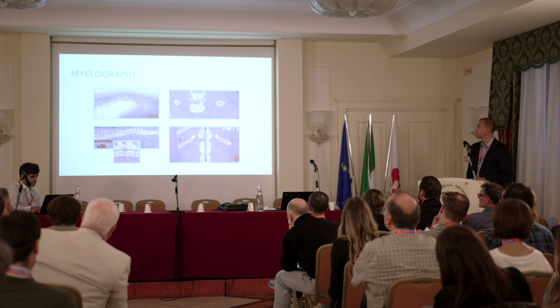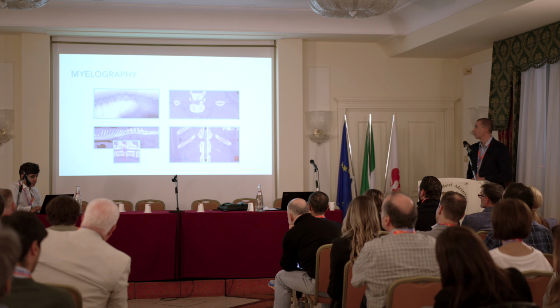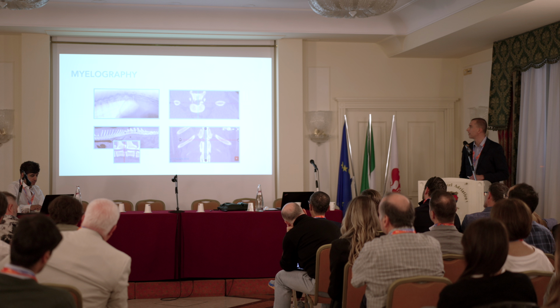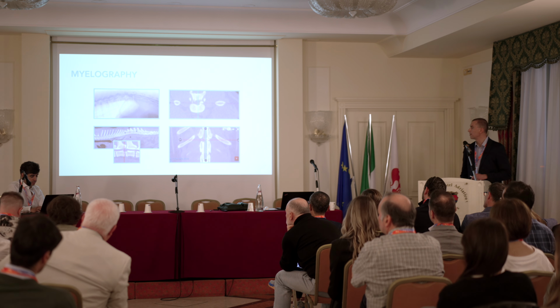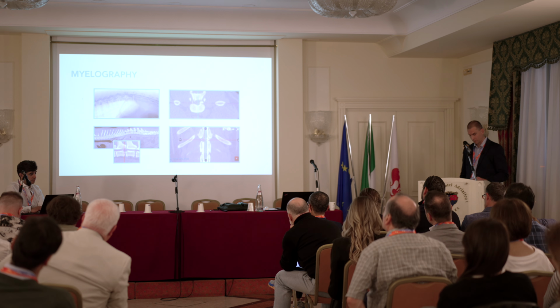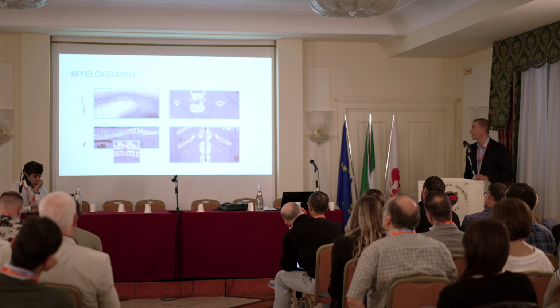So other case, this was, I think, 7-year-old mixed breed, like Dutch Hound male dog, and he was hemiparetic, and there are some other images. So the fluoro, I just want to compare fluoro and myelo.